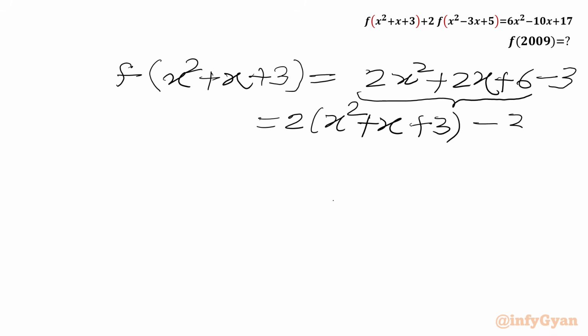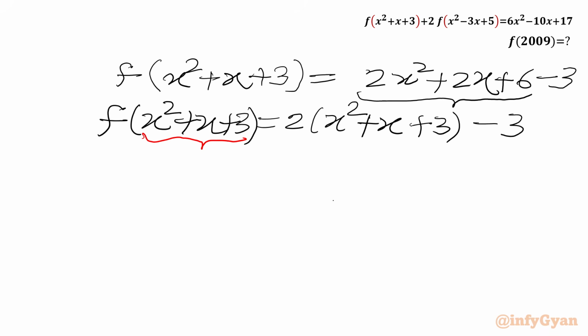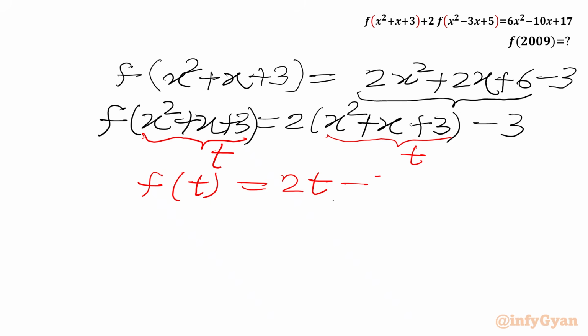Then we have minus 3. f of x square plus x plus 3. Now we can replace x square plus x plus 3 by t. So here we'll write t, and this is also t. We will get the functional equation f of t equal to 2t minus 3.